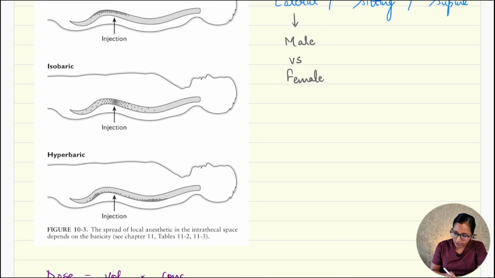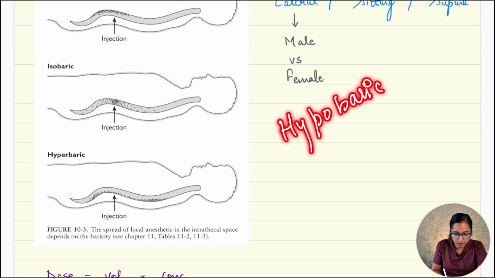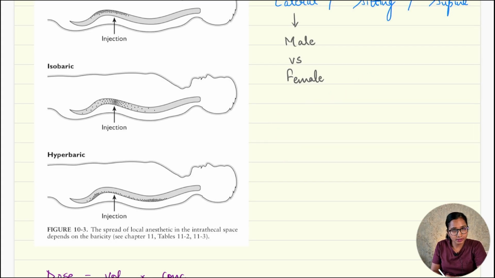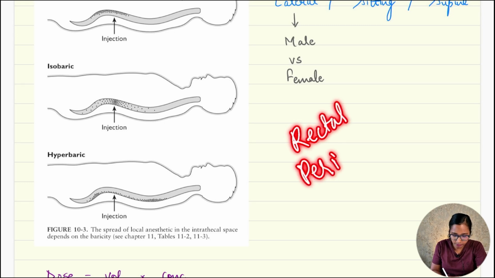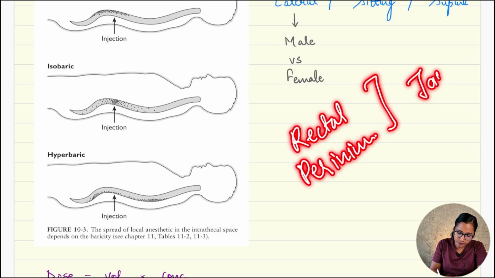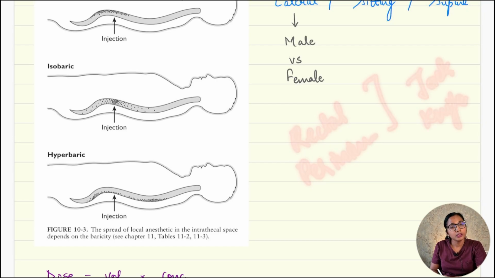And I would like to add one point about hypobaric drug. Hypobaric drug follows against gravity, so it is used in rectal surgeries and surgeries of the perineum, where the patient lies in jackknife position. After giving spinal anesthesia, the drug goes to the most non-dependent part of the spine and blocks the sacral portion of the spine.